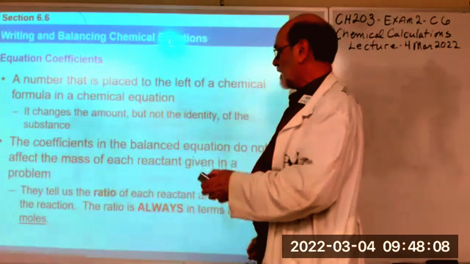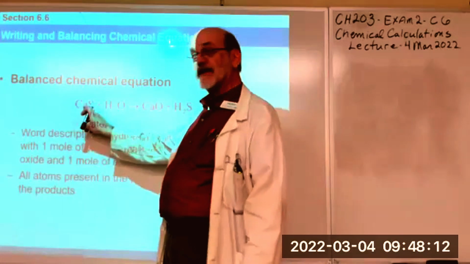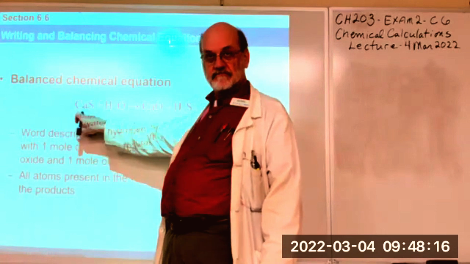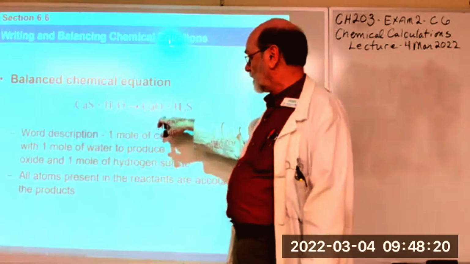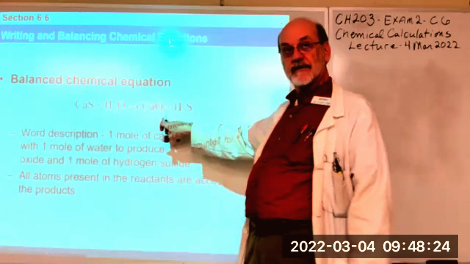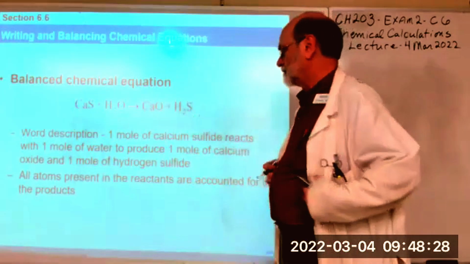And let's back up. Once you've written these compounds correctly, like this, right? Calcium is a 2+, sulfur is a 2-. That's correct. Water's given, H2O. Calcium is a 2+, oxygen is a 2-. That's correct.